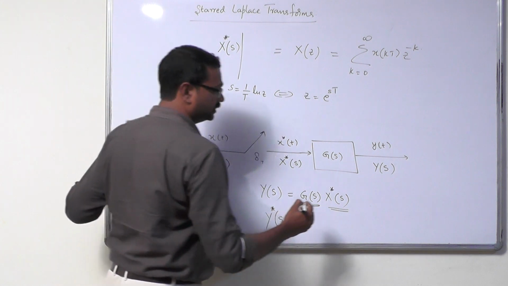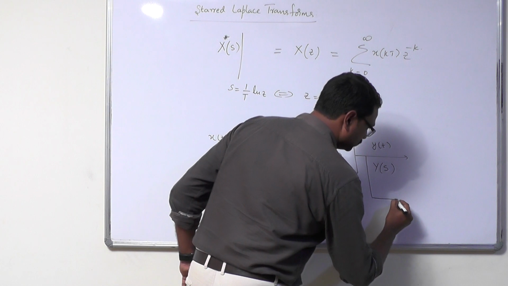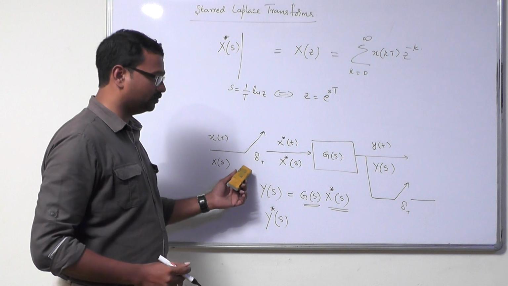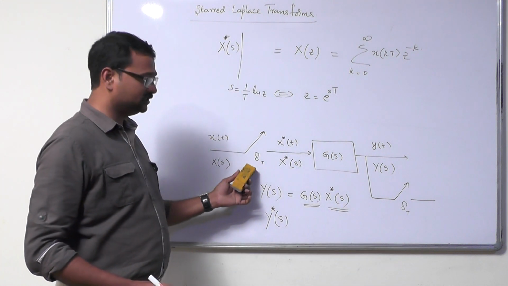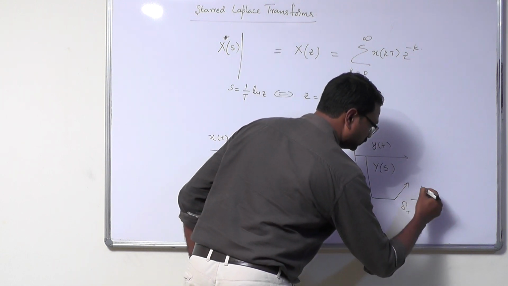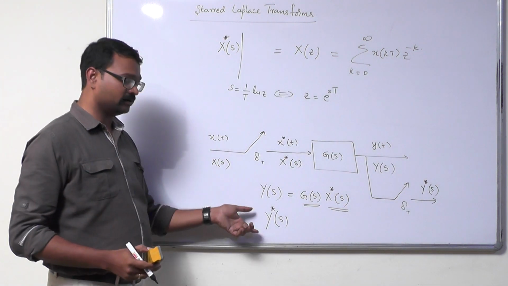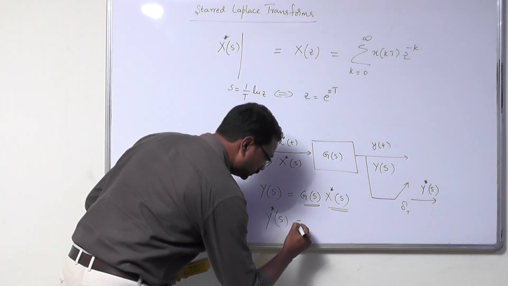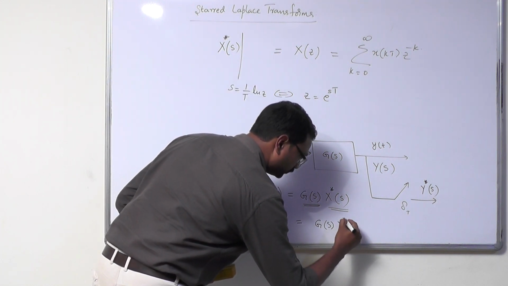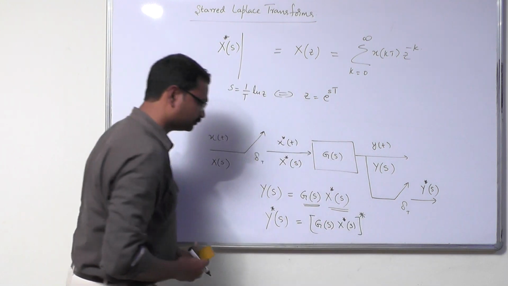of Y(s), you apply some other sampler here, in phase with the input sampler. If you call this the output sampler and this the input sampler, with the same time period T, then you obtain Y*(s) here. If you require Y*(s), then the output for this transfer function is G(s) into X*(s), the whole star.